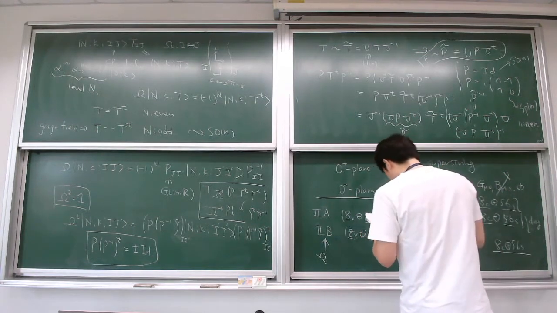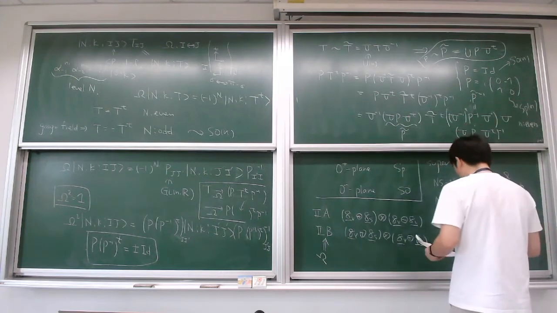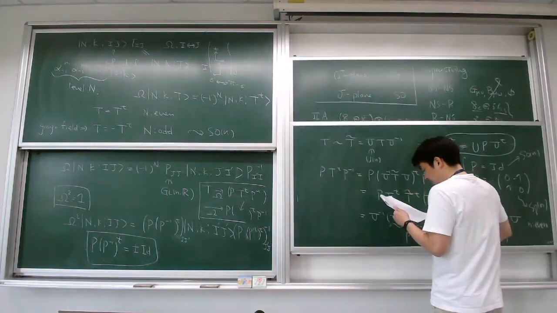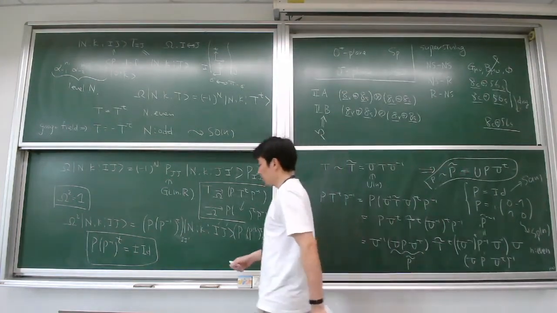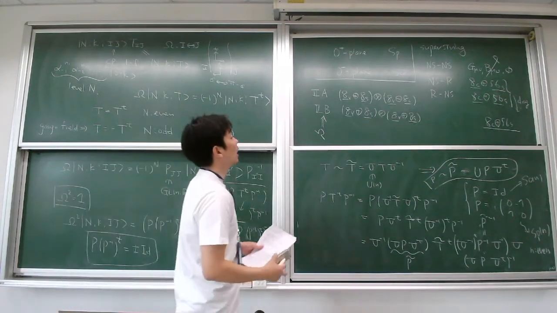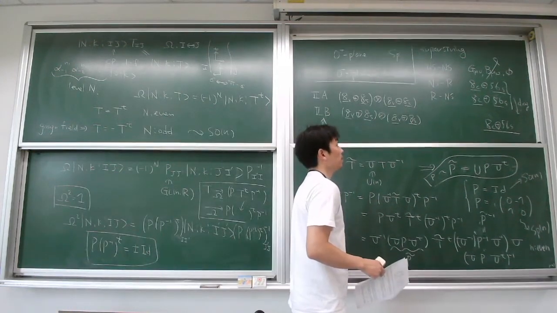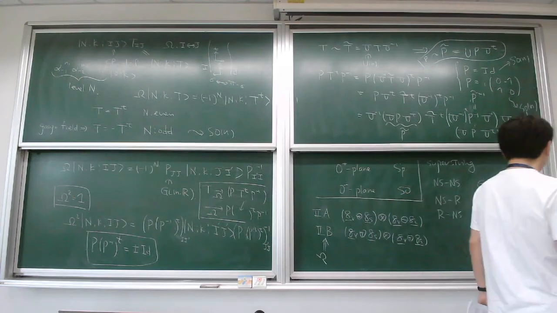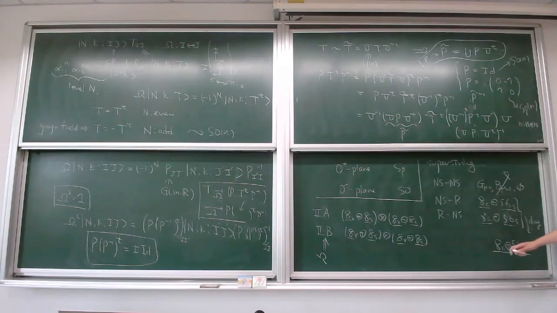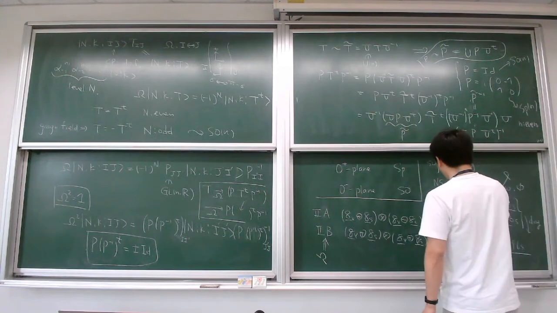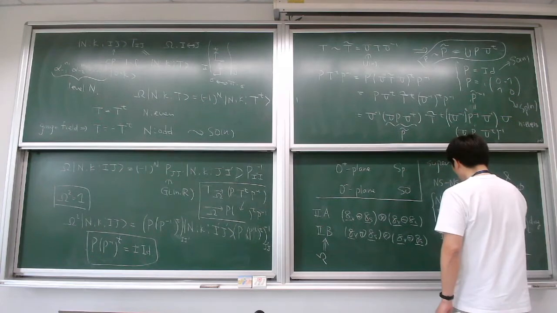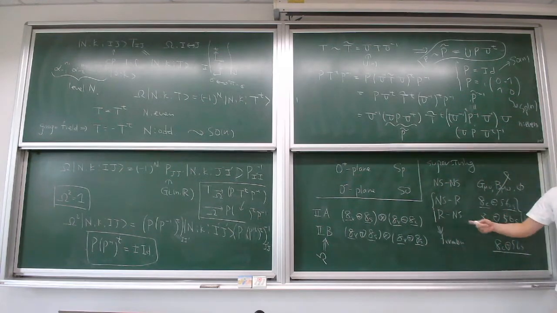And what about the Ramond? The question is Ramond. Supersymmetry requires the number of bosonic modes and fermionic modes to be the same. Here, R is fermion and S is bosonic, so NS is bosonic.